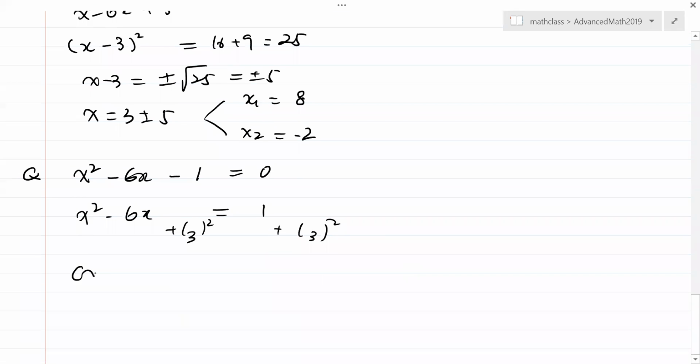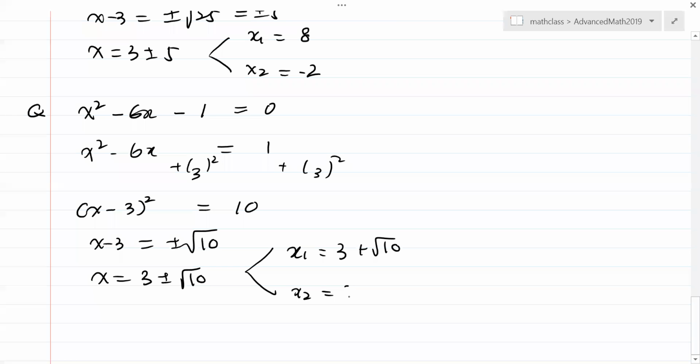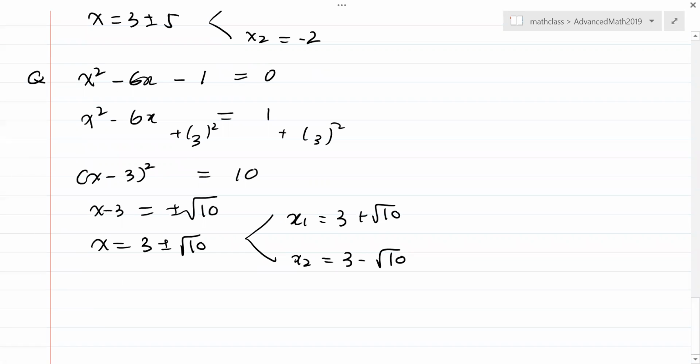Then the left side would be (x minus 3) squared, and the right side will be 10, okay? All right, then x minus 3 is going to be plus or minus the square root of 10. This time you get an irrational number, okay? You got two solutions. The first solution, and the second solution, 3 minus the square root of 10.